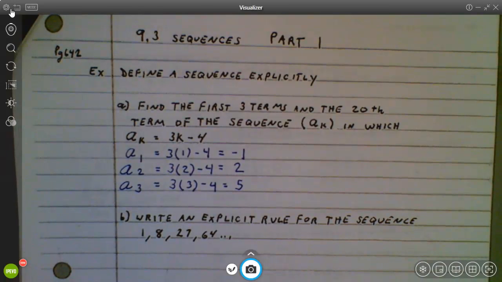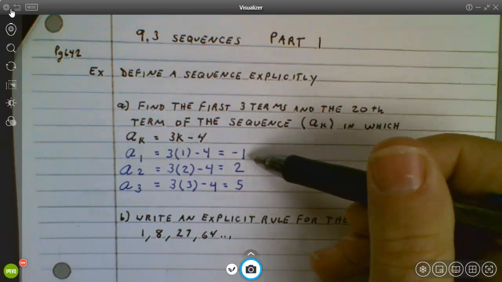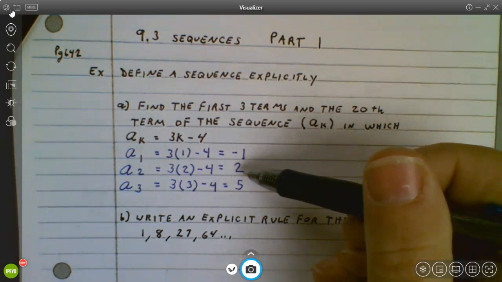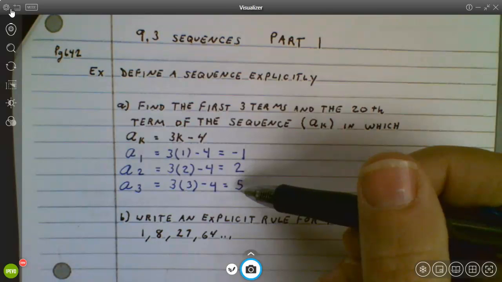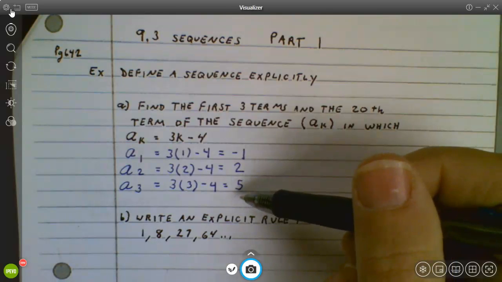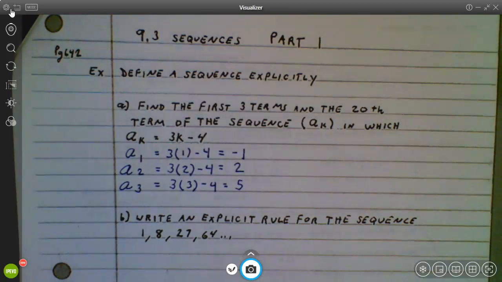If you continued with this pattern, you would notice that they are steadily increasing by 3 units every time. In other words, I already know the 4th term is going to be 8, the 5th term is going to be 11, and I could keep adding 3 every time to get the next term in the sequence.